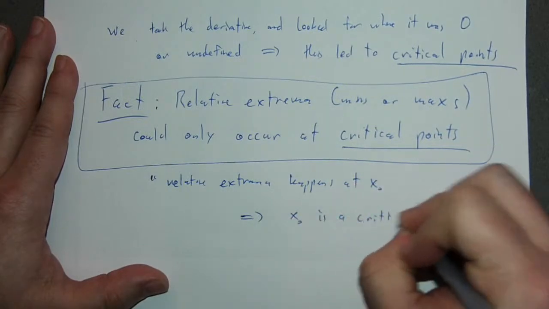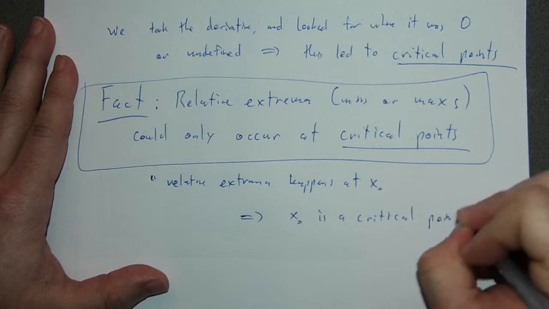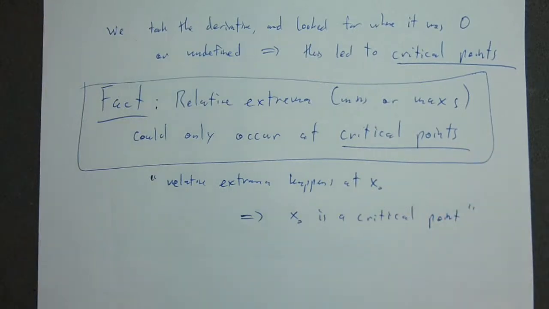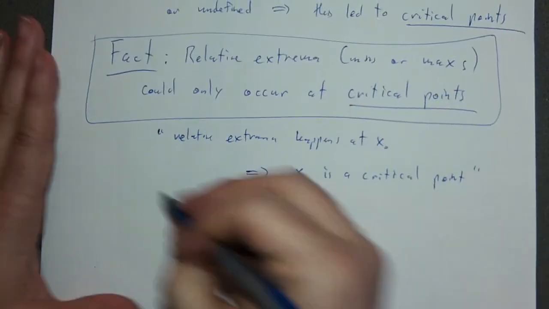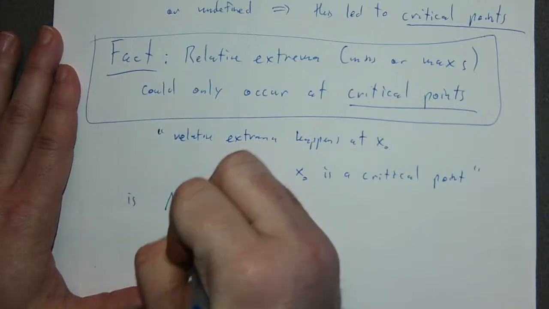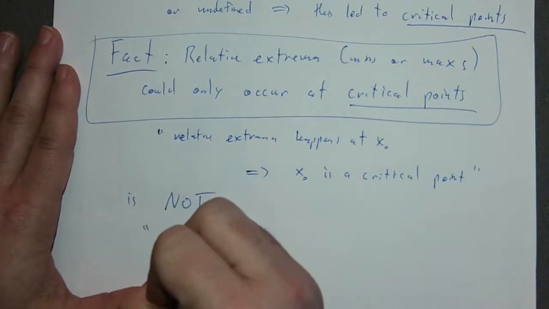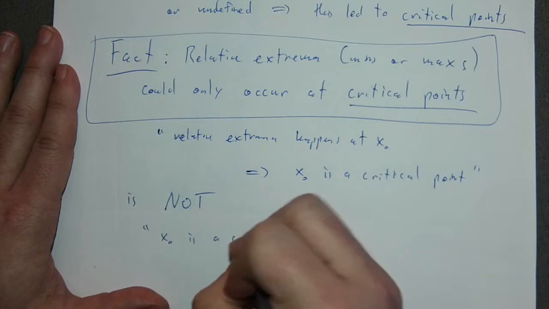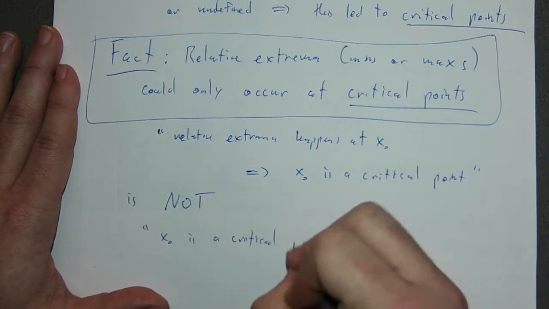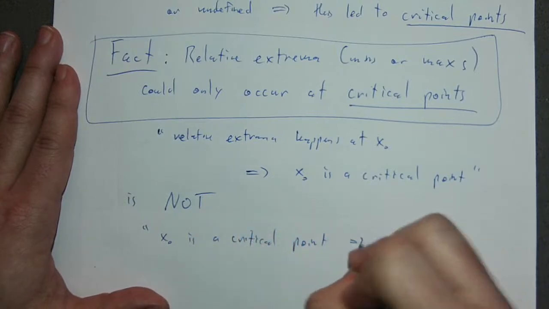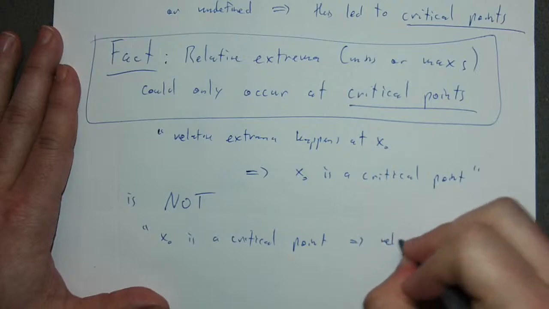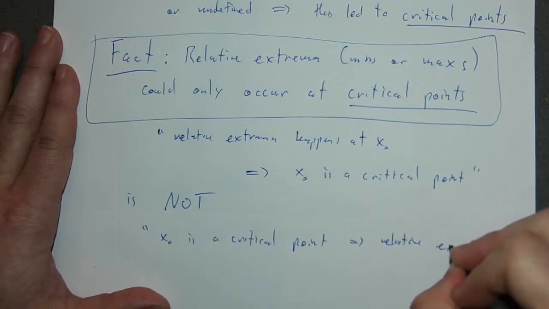That is what this statement is. What this statement is not, so this is not the statement x naught is a critical point implies relative extrema happens at x naught.